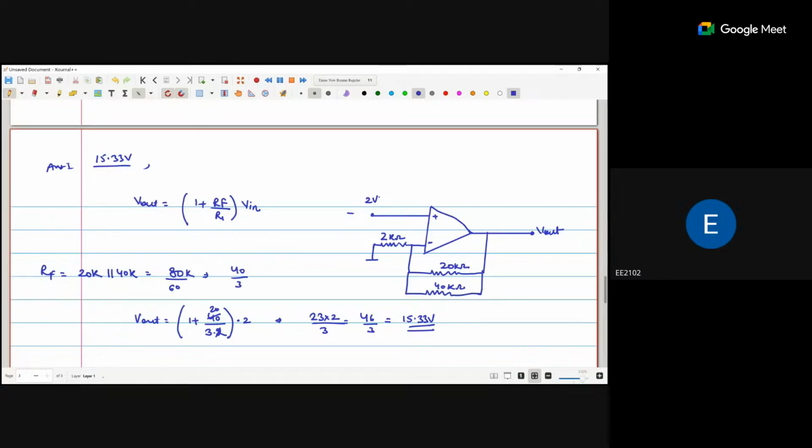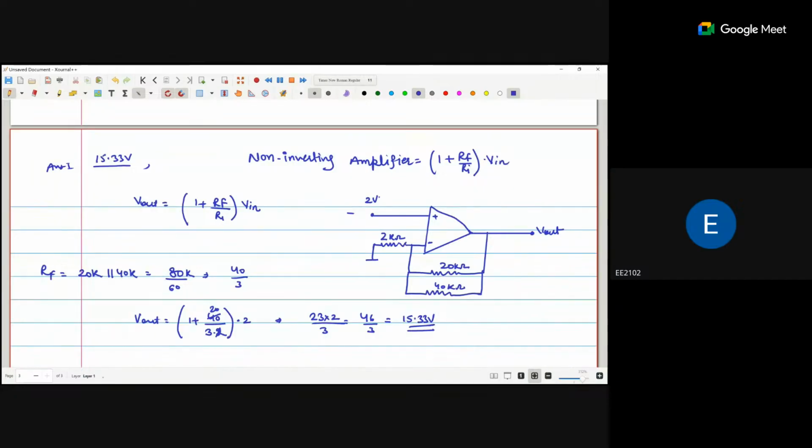Okay, so just remember that if we are using a non-inverting amplifier, my gain is 1 plus RF by R in, or R1, times V in.